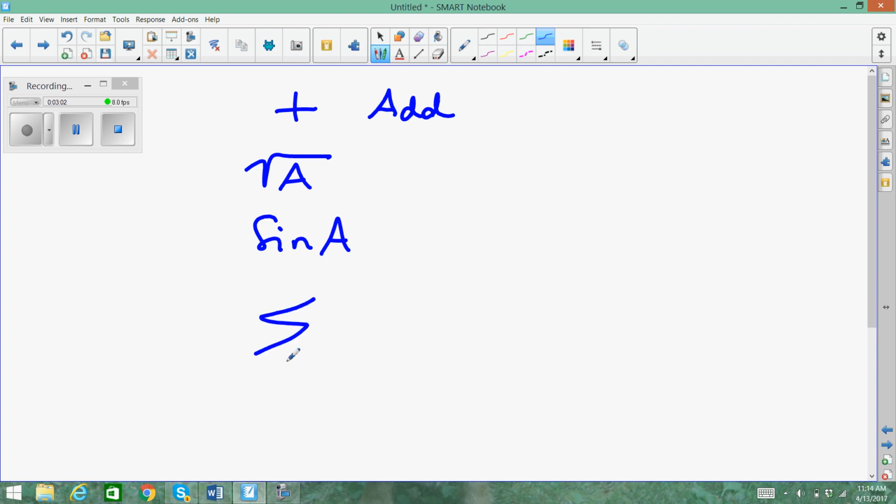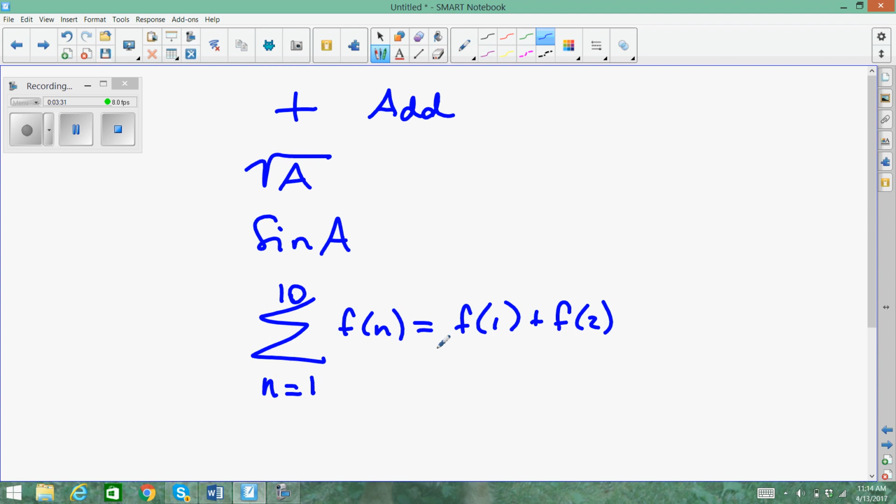So, therefore, if we saw something like this, this is an operation, and it tells us to do something. What it tells us to do is to find the sum of the series of f of 1, starting here, plus f of 2, plus f of 3, plus dot, dot, dot, all the way up to f of 10.